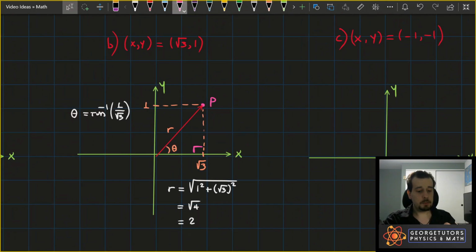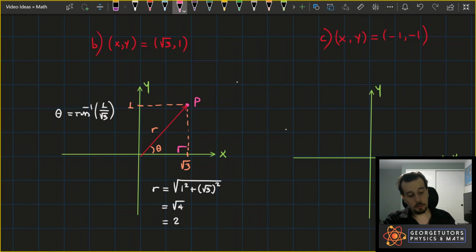The actual y component right now is 1, and the x component is root 3. Now, this is, again, a special triangle that we're dealing with. It's the 30, 60, 90. Against the 30 degrees is the 1, against the 60 degrees is the root 3, and the hypotenuse is 2.